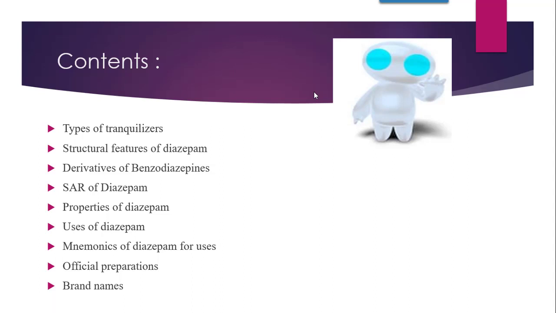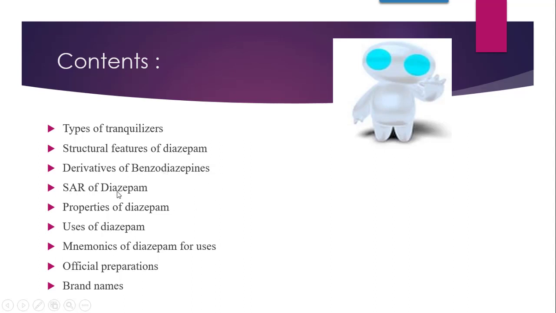The topics which we are going to cover today are: first we will discuss the types of tranquilizers and the examples which come under the types. Then we are going to shift towards the structural features of diazepam, which is the topic of focus today. Then the derivatives of benzodiazepines, what are the possible derivatives.